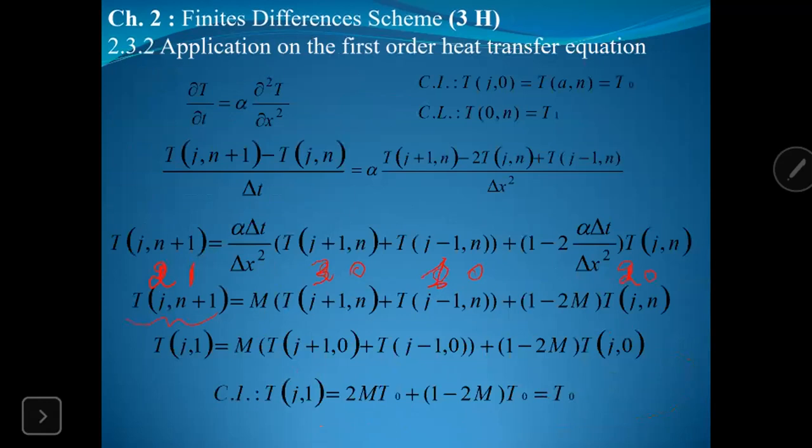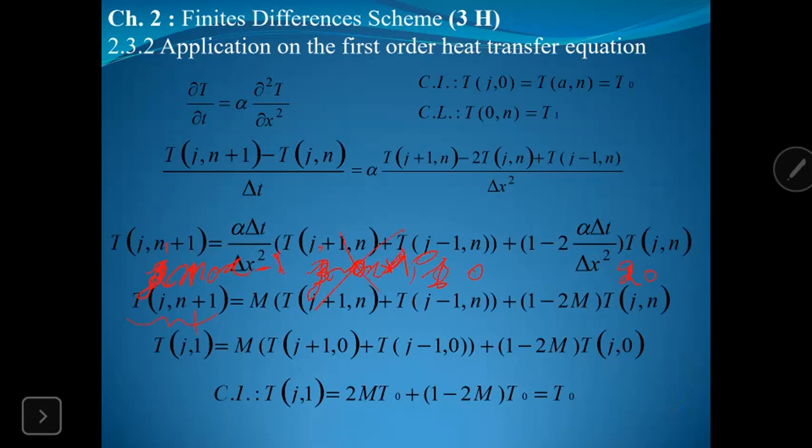Okay? If I replace here J max in place of J max 1, then J max plus 1, 0. J max plus 1 is out of domain. Then I cannot replace J per J max. I need to replace it by J max minus 1.